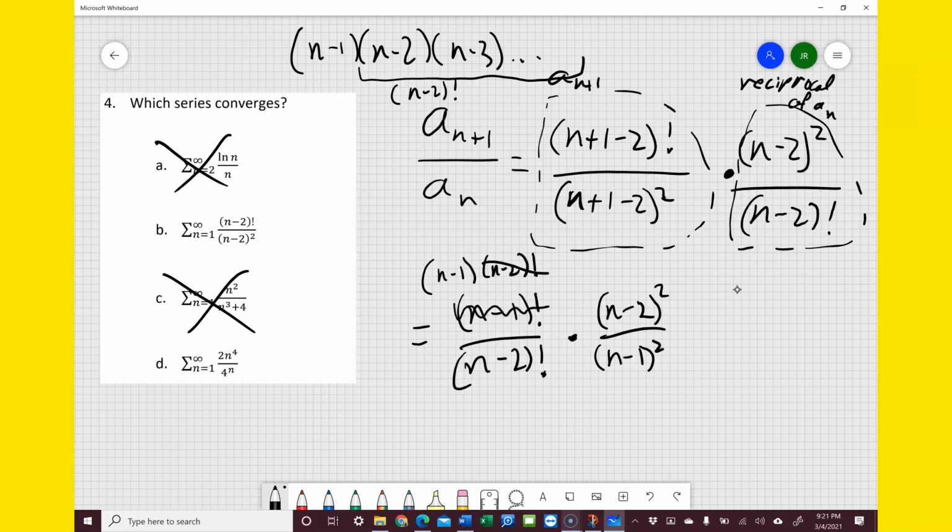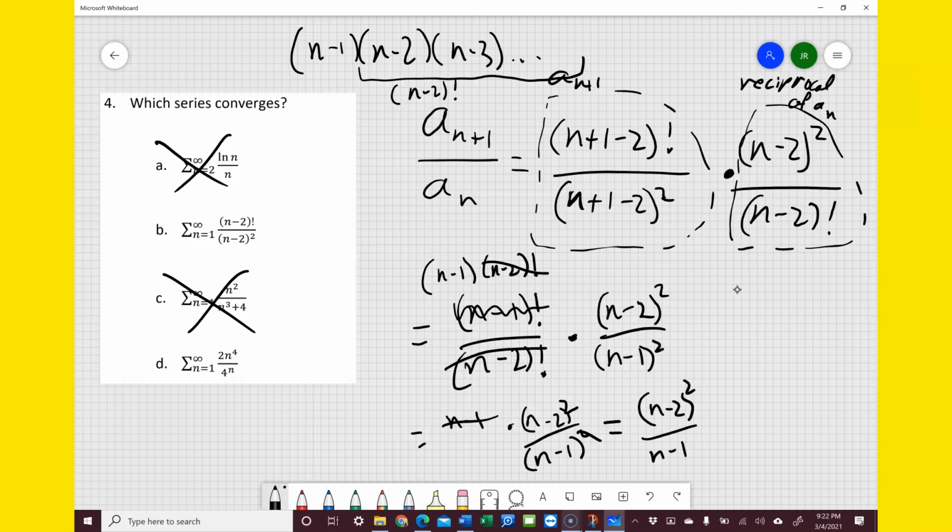And the n minus 2 factorial cancels, and we're just left with n minus 1 on top right there. So that's n minus 1 times n minus 2 squared over n minus 1 squared. And that n minus 1 can cancel with that n minus 1 squared, and it reduces to n minus 2 squared over n minus 1.